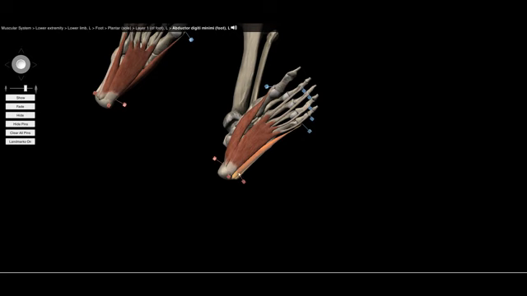And so this is a little tiny muscle that attaches from the calcaneus. It inserts on the lateral aspect of the fifth toe, responsible for abduction of the pinky toe, that fifth toe.